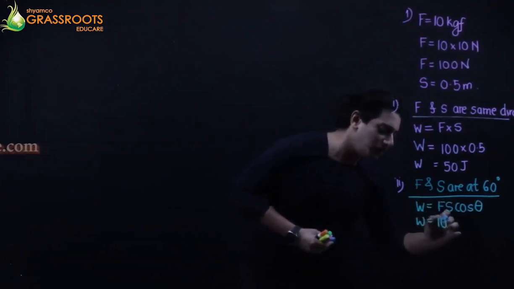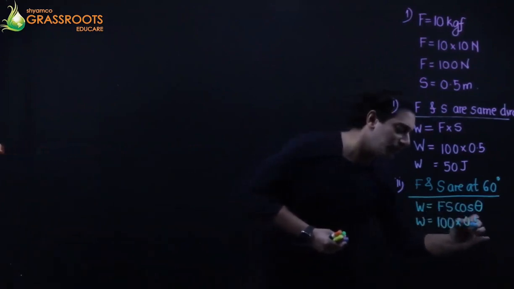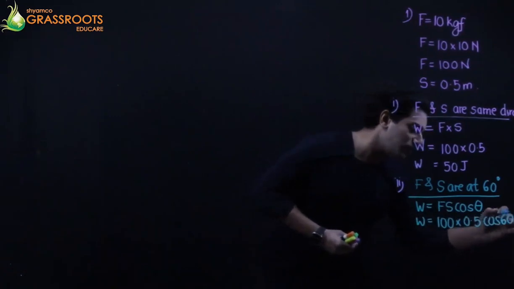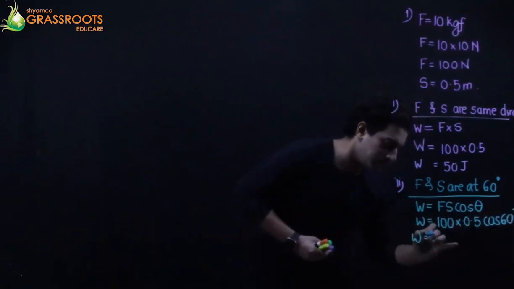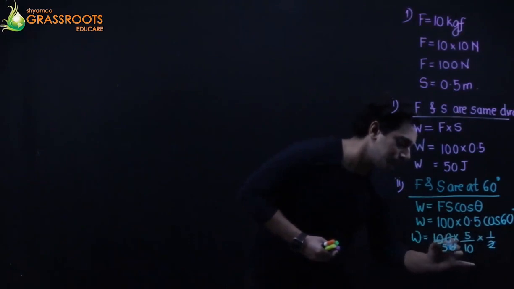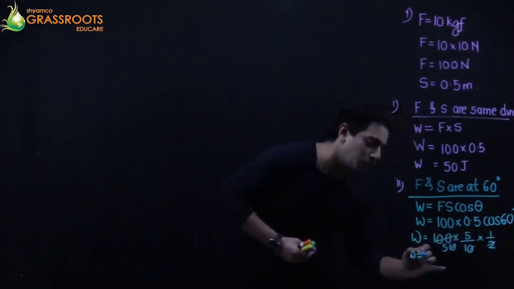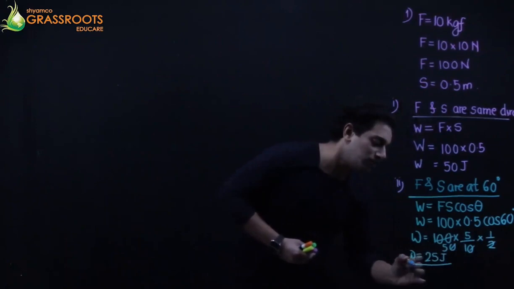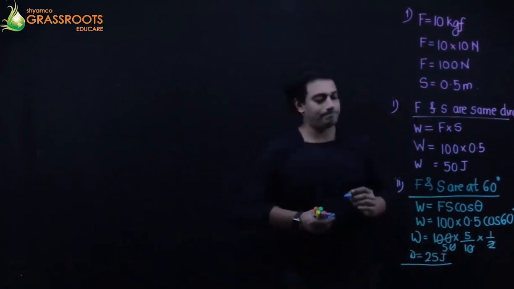That is 100 into 0.5 into cos 60 degree. That is 100. 0.5 can be written as 5 upon 10 into half. So work is going to be, check karo, 25 joules.